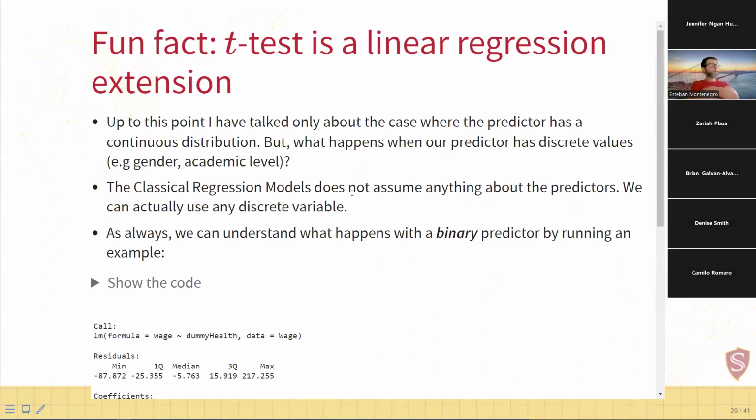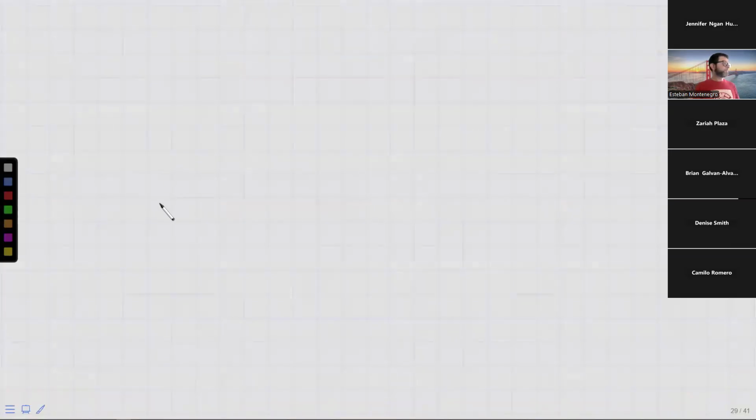Now, a t-test is another model, and that one is actually nested into the regression model. In other words, t-test and linear regression are the same. The only thing that changes is the restrictions on the t-test. As you might remember, let me just draw a picture here.